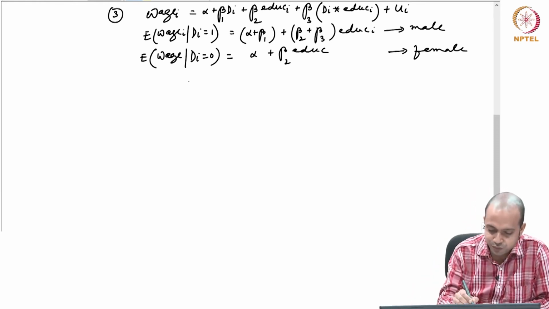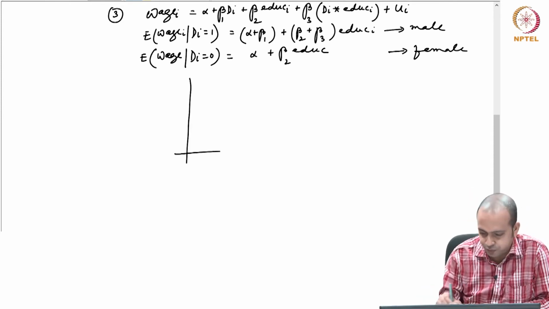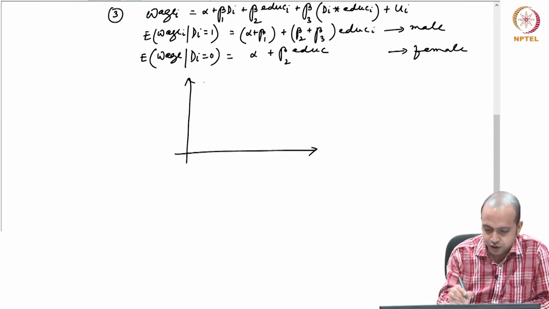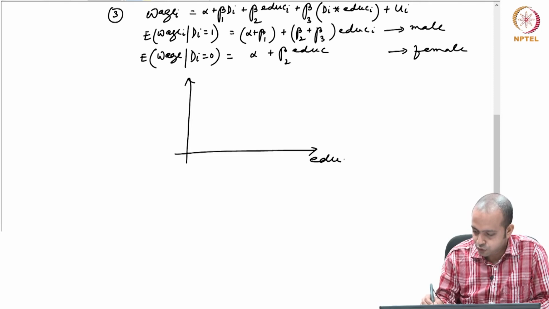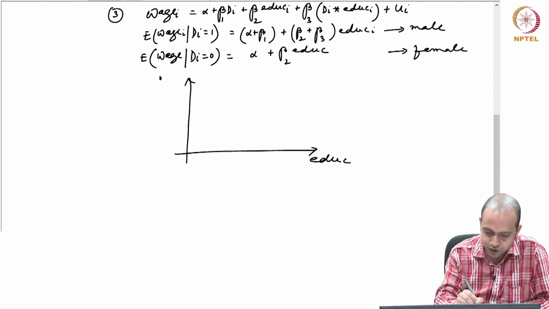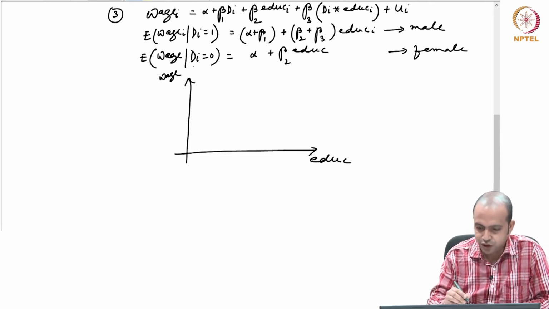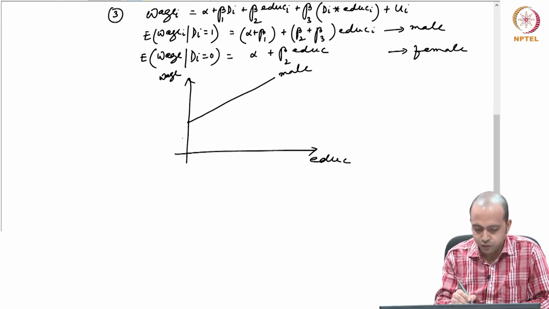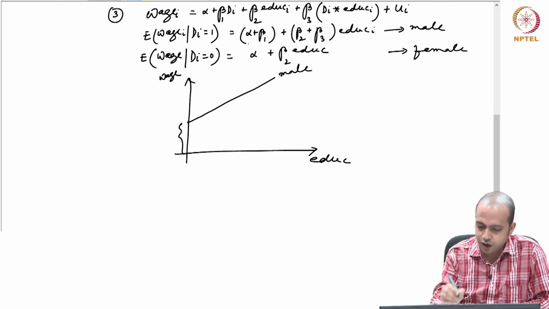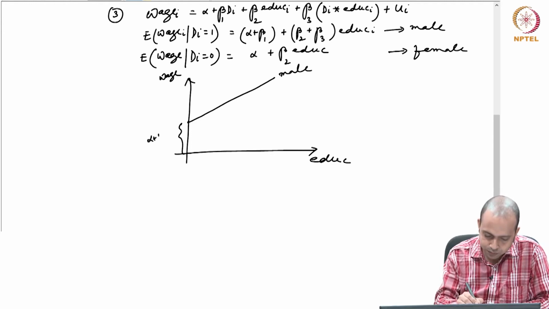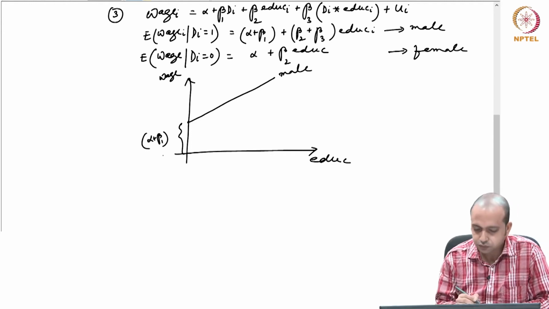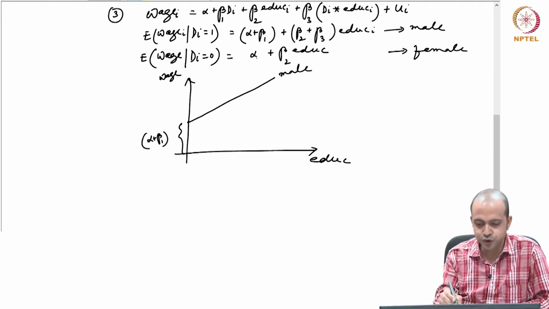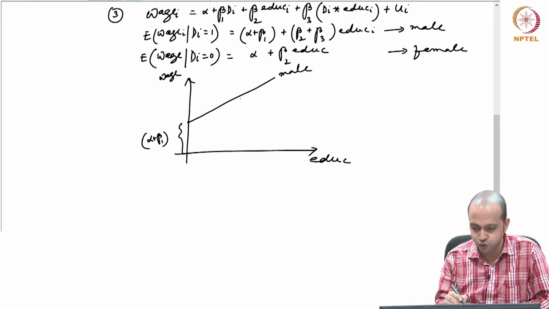So, in terms of a diagram, if you represent this as education and this as wage, let us say this is the male category's wage function, where the intercept is alpha plus beta 1, and the female workers' wage has intercept alpha and slope beta 2.